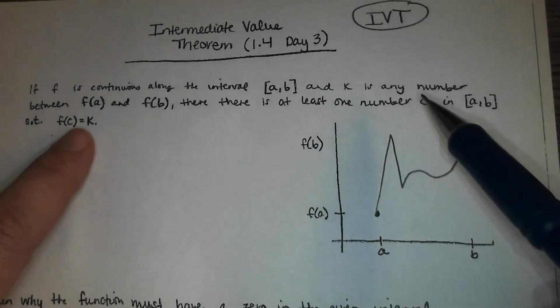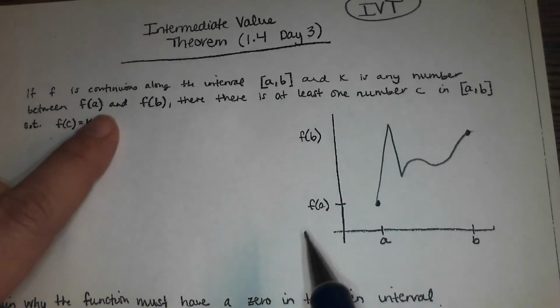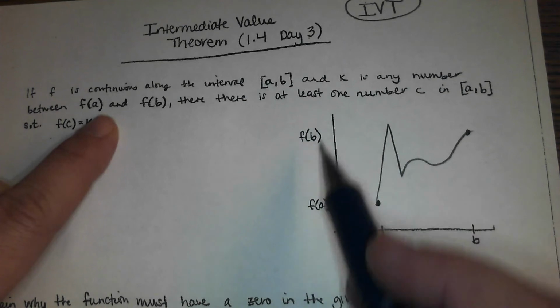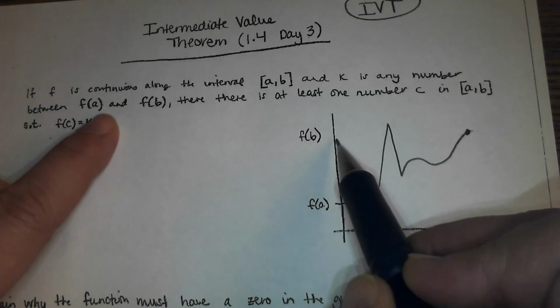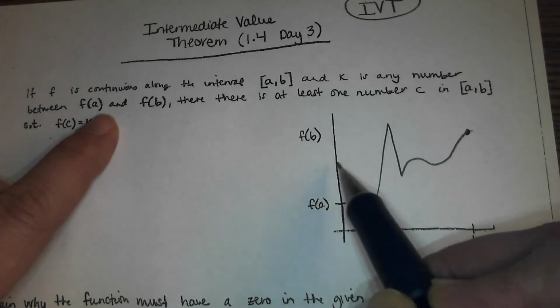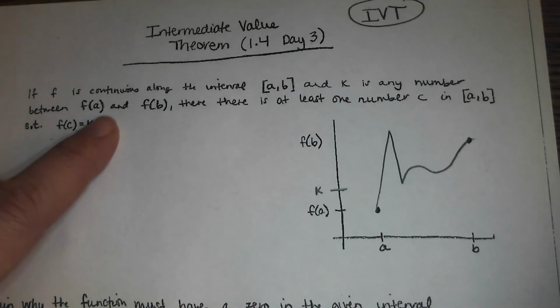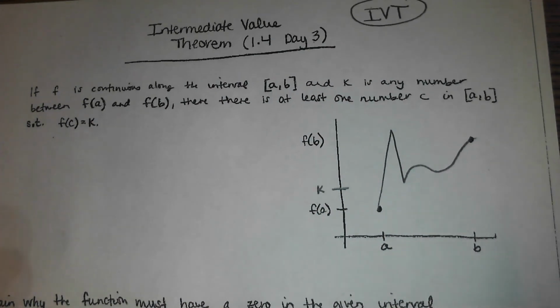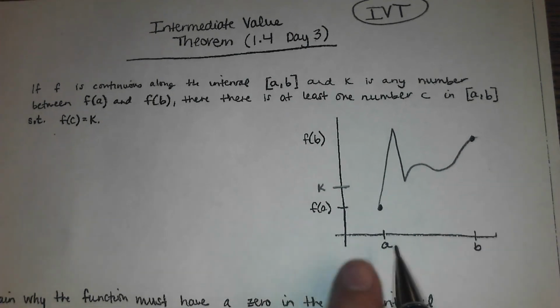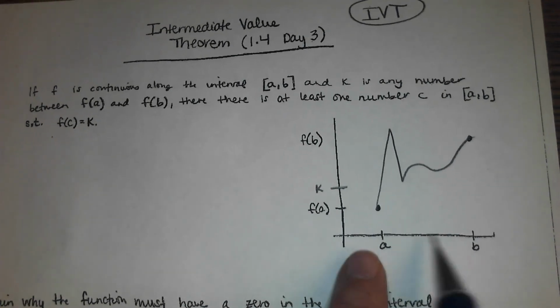And if k is some number between f of a and f of b, so k has to be some number between. It can be way high up, it can be way low, it can be halfway in between. I'm going to put my k value there. So what this says is there has to be at least one c value between a and b.